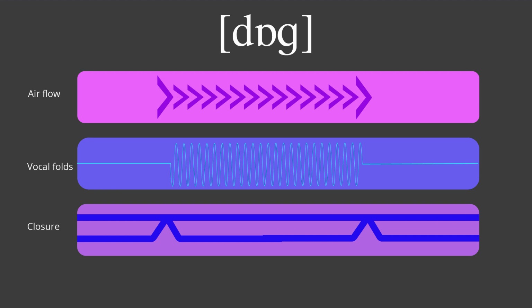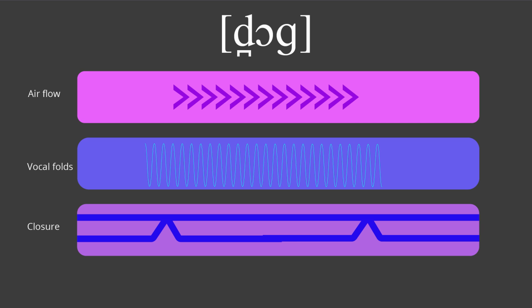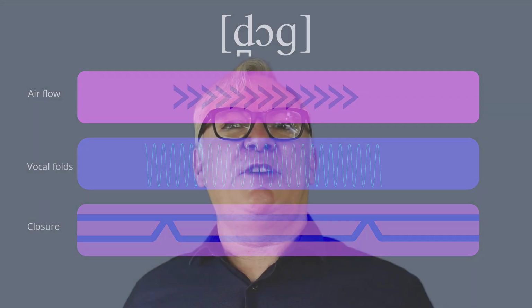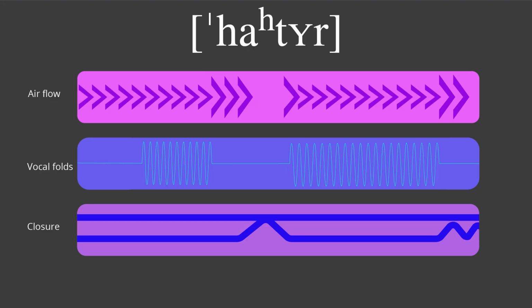Contrast this with a similar French word, dogue, meaning mastiff, and we get two fully voiced consonants. Stop the voicing even earlier and you get the pre-aspirated voiceless consonants of Icelandic, hattur, hat.